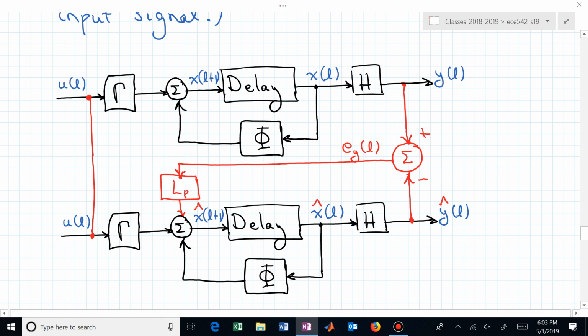So you may want to think of your x hat dynamics in a smaller circle than your closed loop dynamics for x. You might want your estimator to be a factor of 2 or 5 faster than your closed loop dynamics, and that's what's going to influence your selection of L sub p.